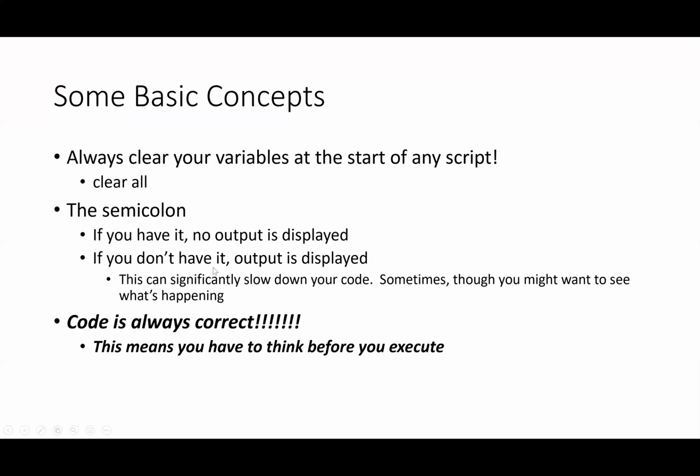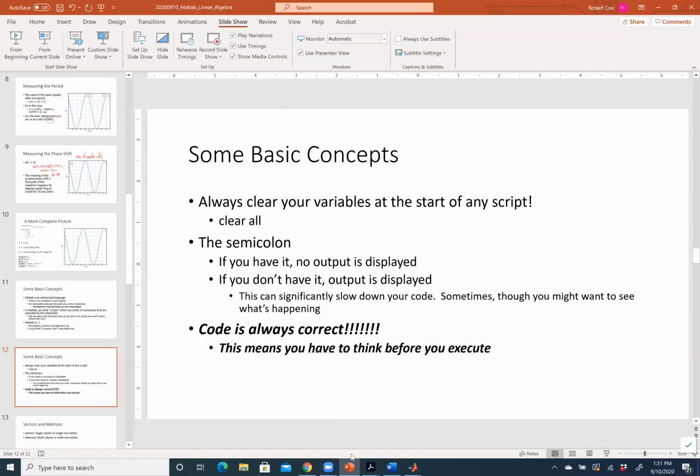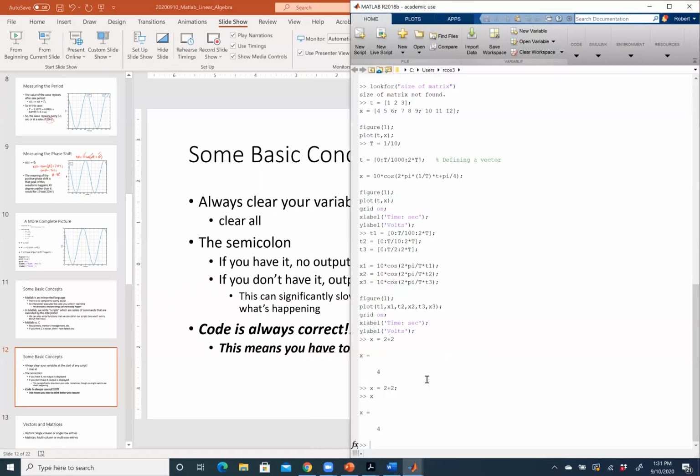All right. Now the reason I point that out is because if you write a big script, okay, you may find that if you haven't used the semicolon, let's say x had 10,000 entries, right? I'd have to wait for all 10,000 of those entries to scroll by. I'm just going to give a quick example. I'm going to say x equals, and we haven't talked about this yet, but I'm going to say it equals this, right?